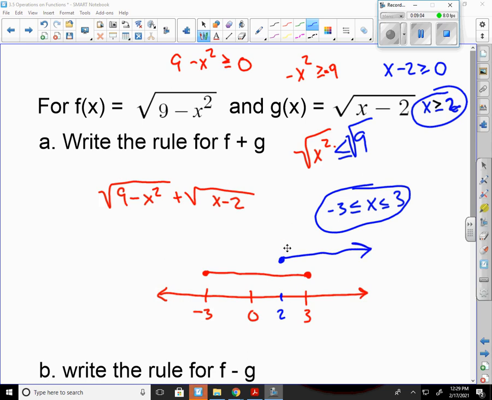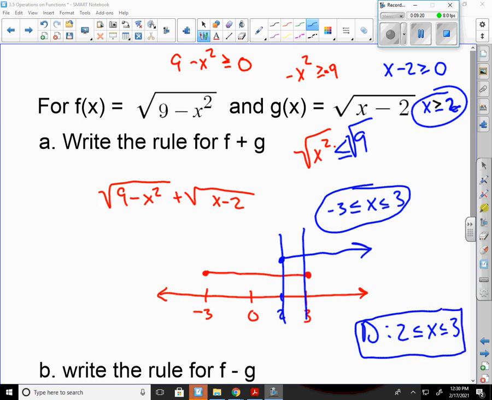So I have to take the area that's covered by both. So that would mean that for my domain, x is between 2 and 3. Because if I put in any other number outside of between 2 and 3, it's going to give me a non-real answer.